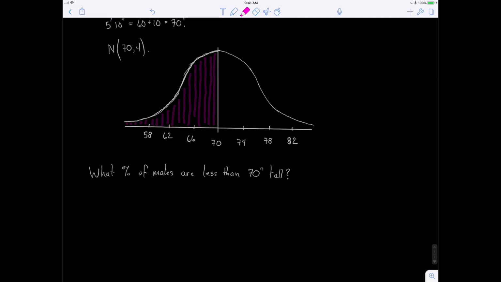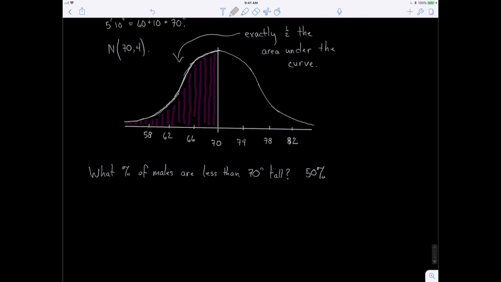The curve is symmetrical, so everything below 70 is exactly half the area under the curve. And that's our answer. We represent half as 50%.